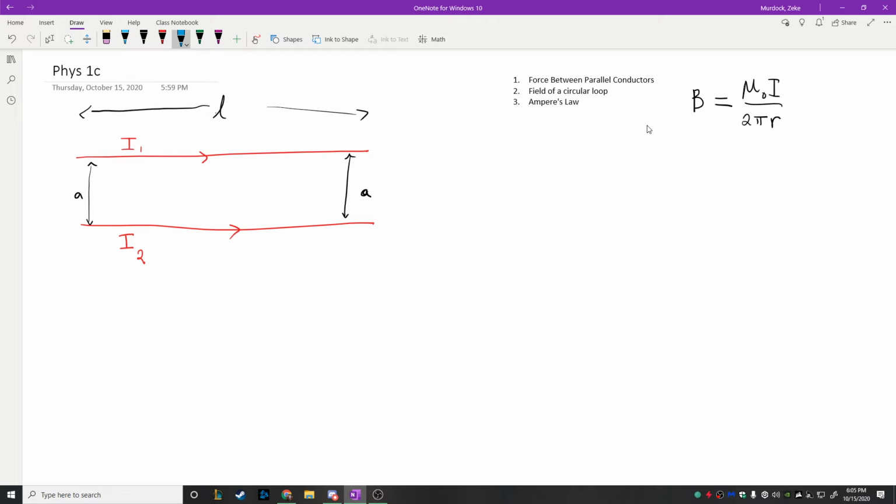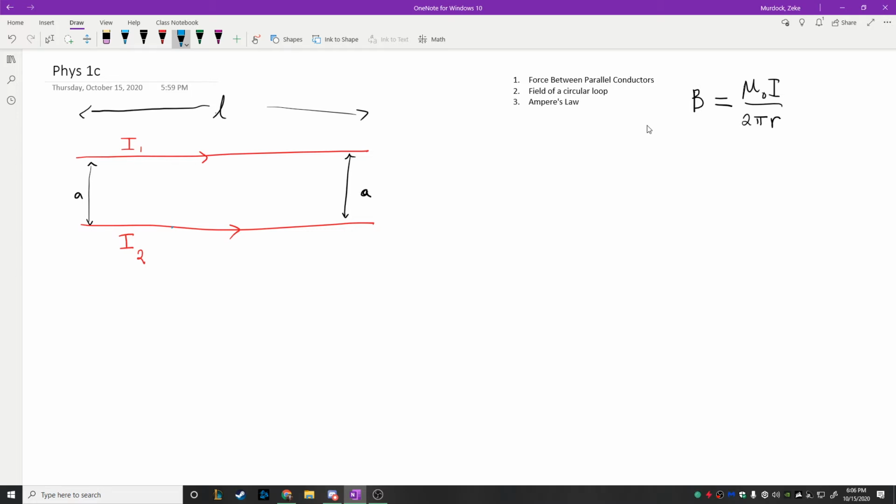Can you tell me what direction does the magnetic field, like right here, does it point into the page or does it point out of the page? I want to know the magnetic field due to wire 1 at the location of wire 2. What direction does that point? I see one answer.